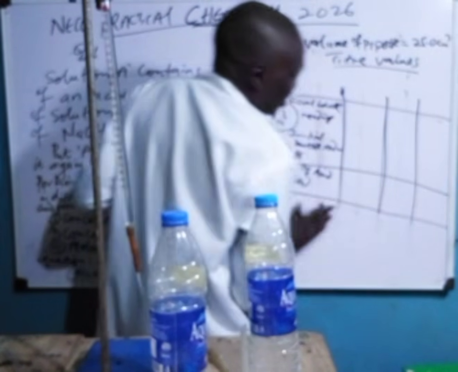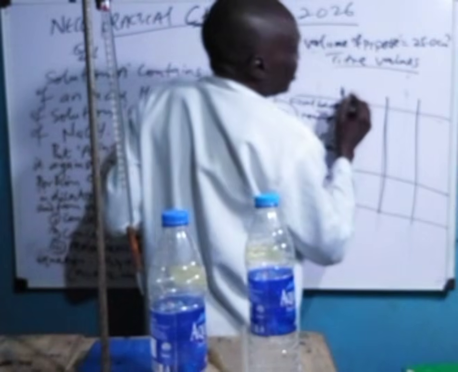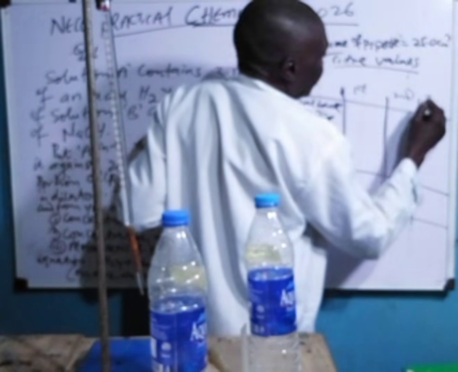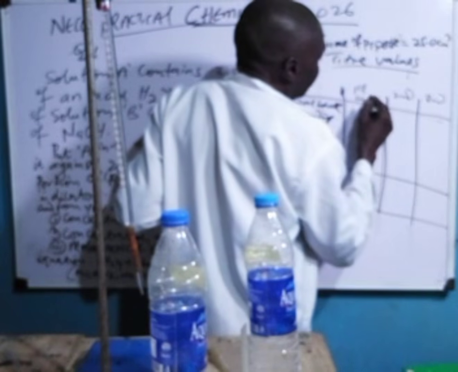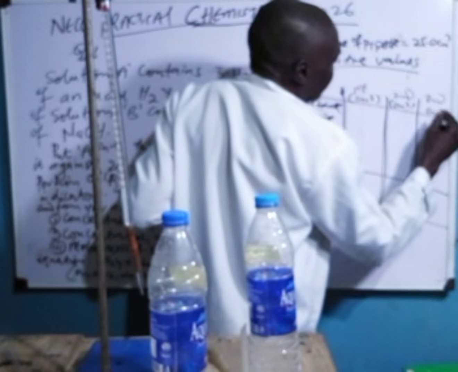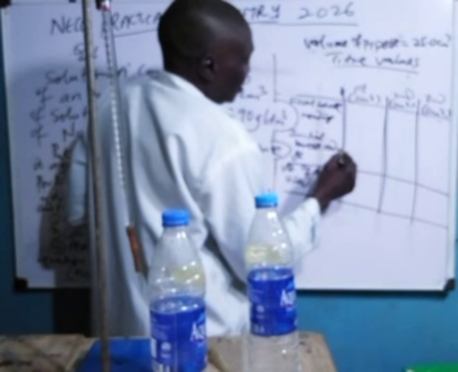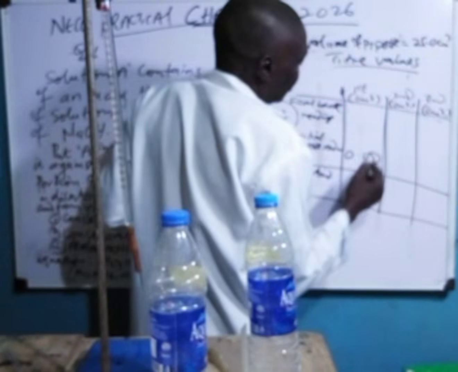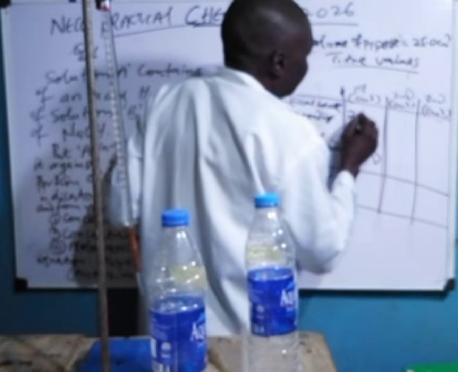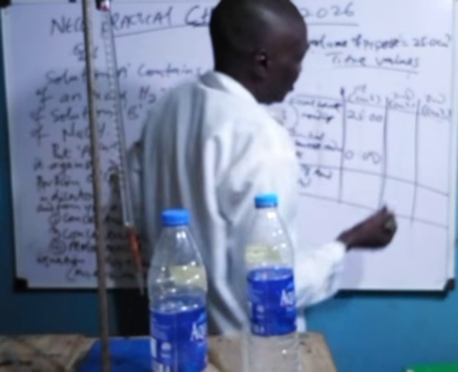You see it. This is how you draw your table. So this is the first, second, and third, in cm cube. We started from 0, 0.00. So the value we have is 25.00 cm cube. You see it.